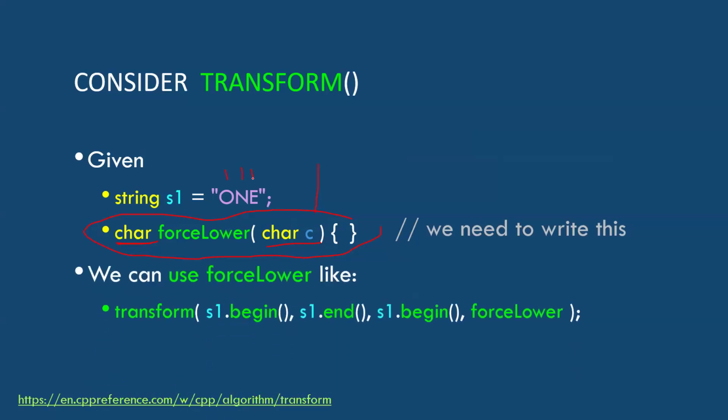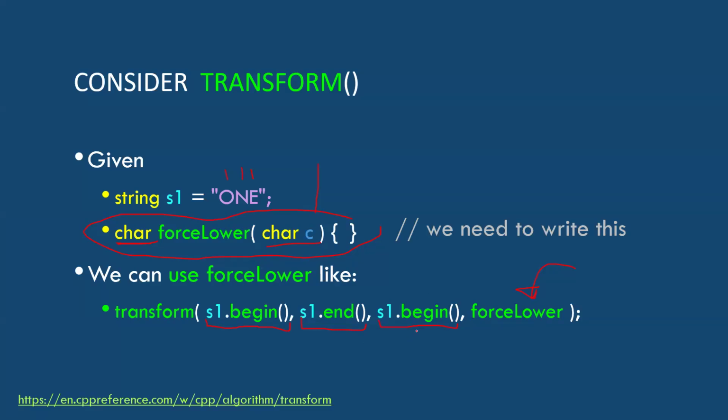The transformer says, and here's where our iterator intelligence comes in, go through the whole S1 from beginning to end and put the transform result starting at the beginning. Basically overwrite it, and use this function to decide how we overwrite. For every letter, pass the letter to my function and replace it.